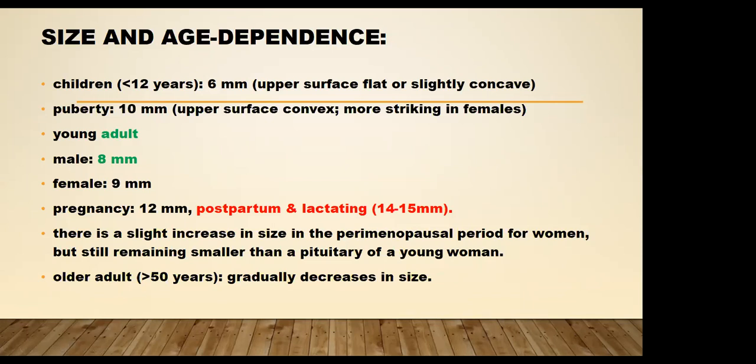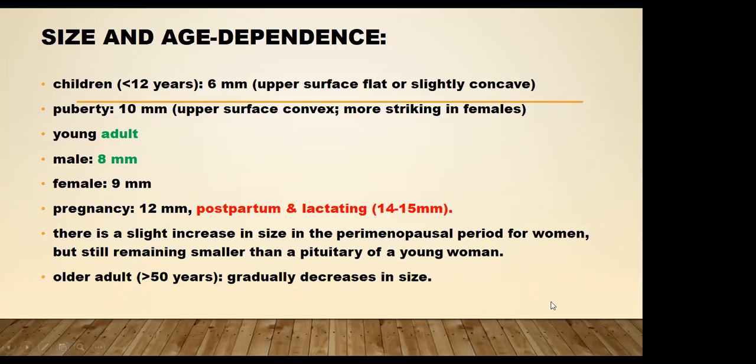But in puberty, pregnancy, postpartum, and the lactating period, it will increase in size. Strikingly, postpartum and lactating, it can reach 14 to 15 millimeters. Also in the perimenopausal period there is an increase in size, but after 50 years old, it will gradually decrease in size.